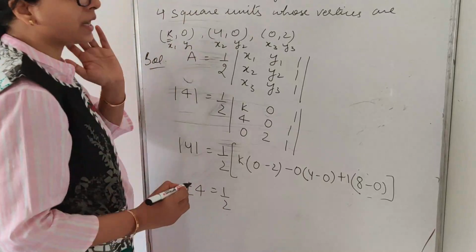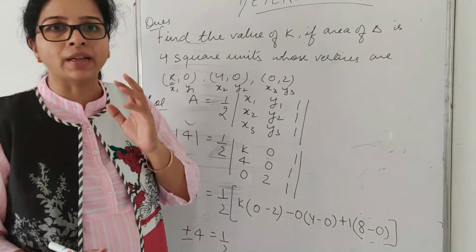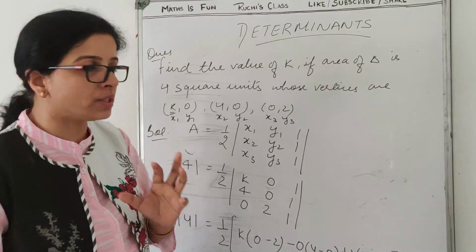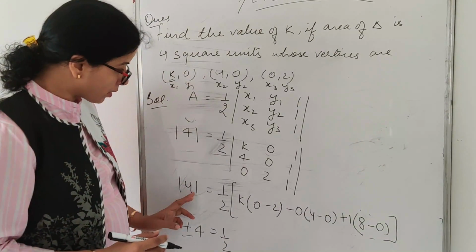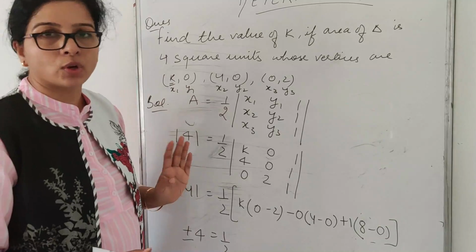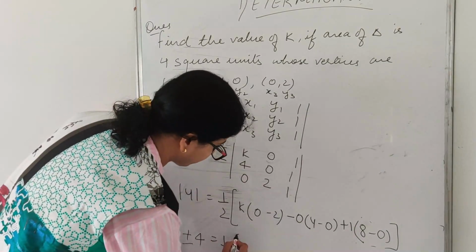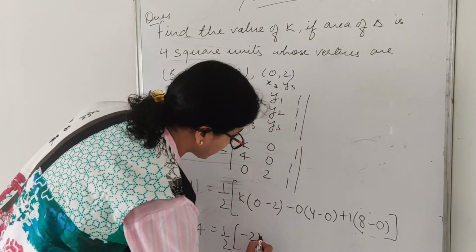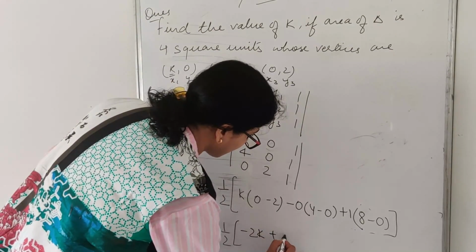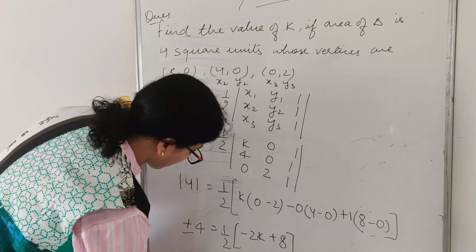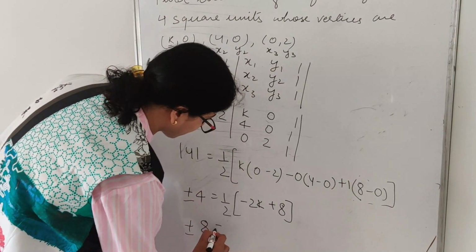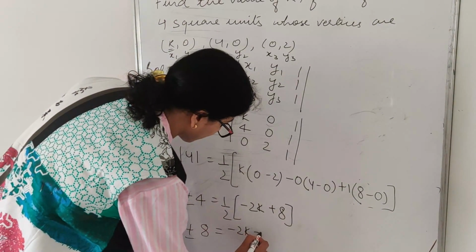Always remember, whenever the area is given and you are supposed to find the unknown quantity, always use the absolute function here, and whenever you remove the absolute function, use plus minus. So minus 2k plus 8, the rest will become 0. So plus minus 8 equals minus 2k plus 8.